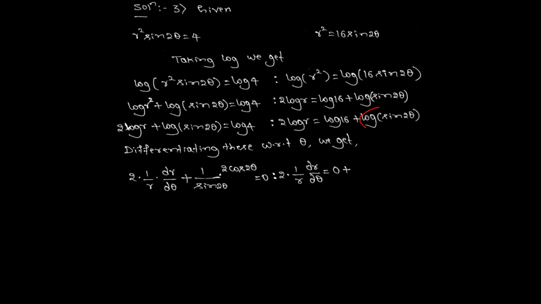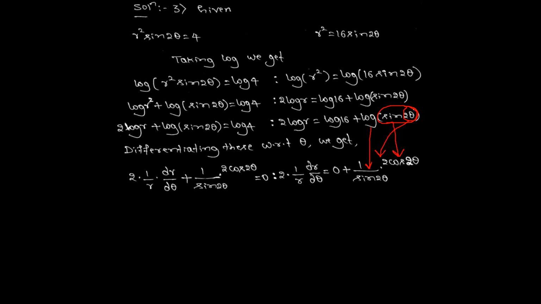Here we use the chain rule to differentiate. By using the chain rule, we get 1 by sin 2 theta into the differentiation of sin 2 theta, which is cos 2 theta, and then we again differentiate 2 theta, which gives just 2.